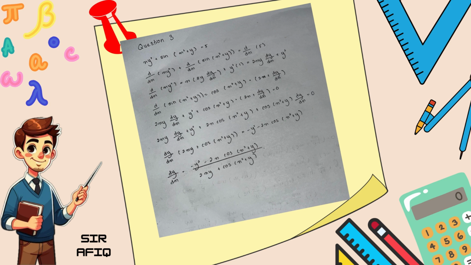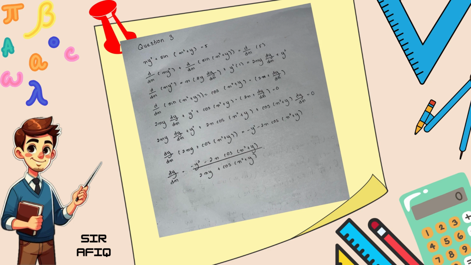For the term sin(x squared plus y), we apply the chain rule, resulting in cos(x squared plus y) times (2x plus dy/dx). The derivative of the constant 5 is 0.